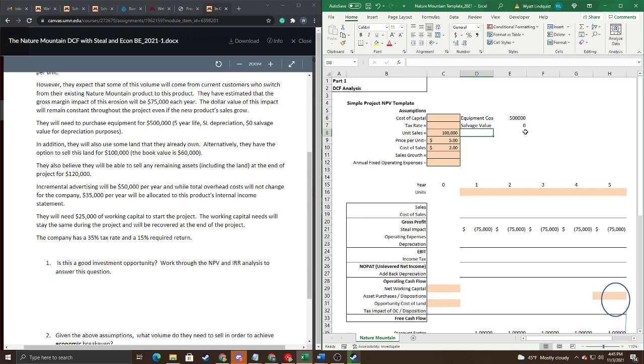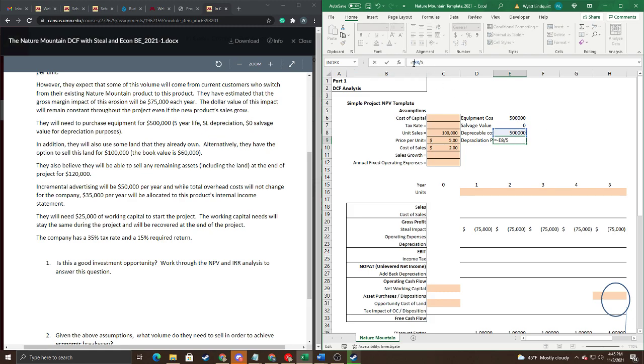So that means that we have depreciable cost of 500,000 minus 0, which is just 500,000, and then depreciation per year will be equal to the 500,000 divided by 5.